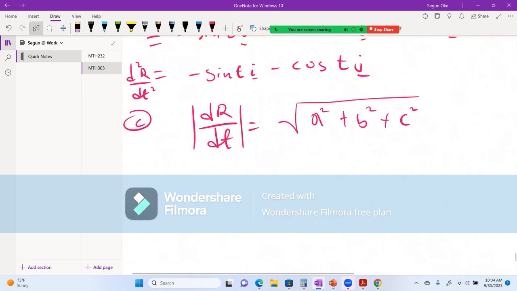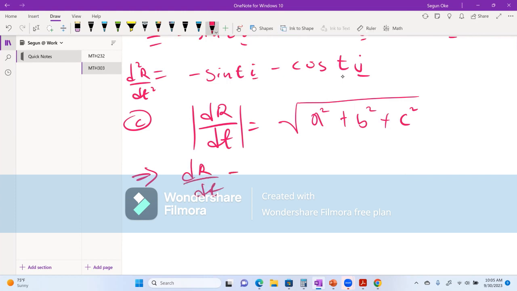Let's move on first. So at this point, we know our R dt. The R dt is equals to cos t I minus sine t j plus k. So which is the same thing as the square root of each of them.